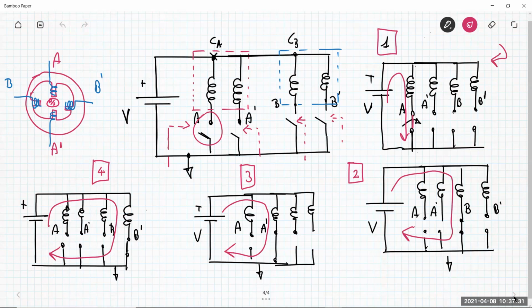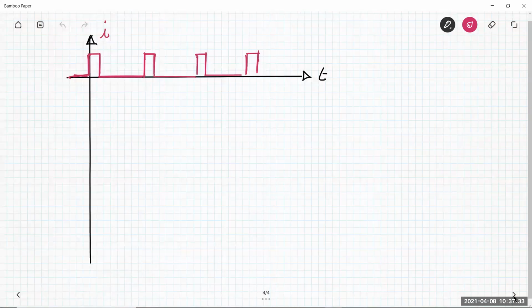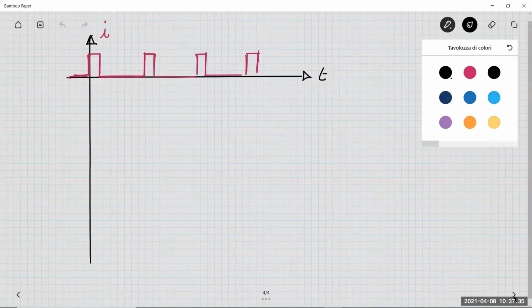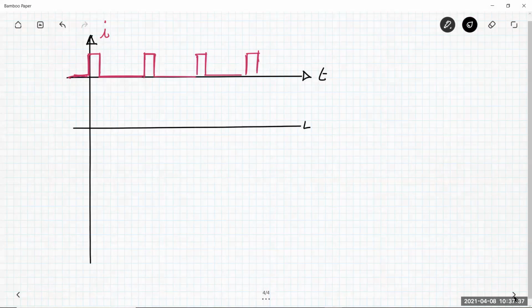When I energize phase A prime, that means that node A should be connected to ground, and so I have to close the switch A. So this is the command signal for the switch A.